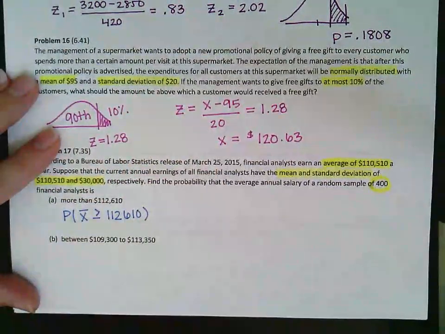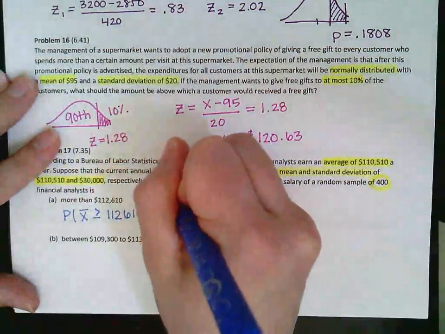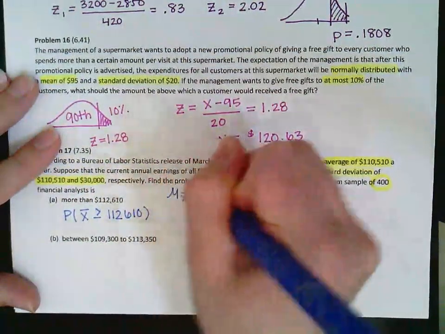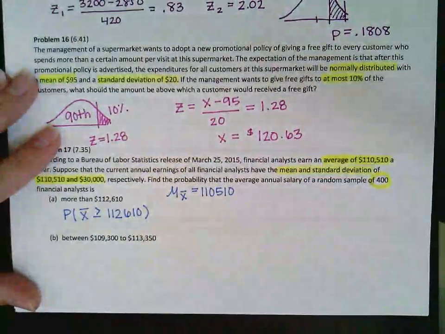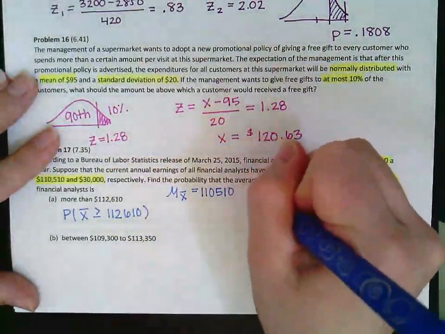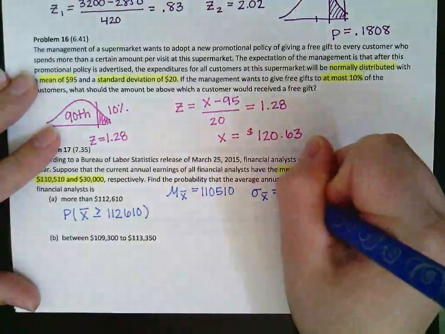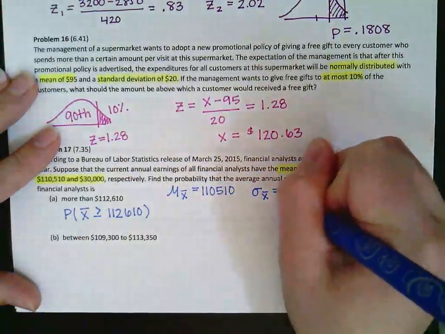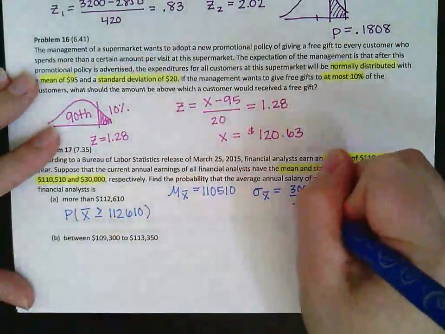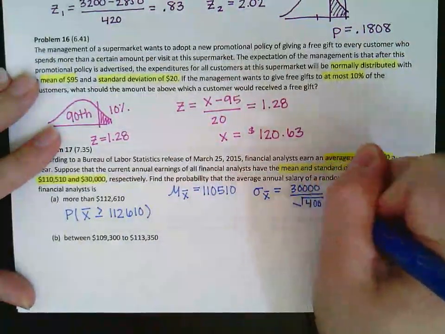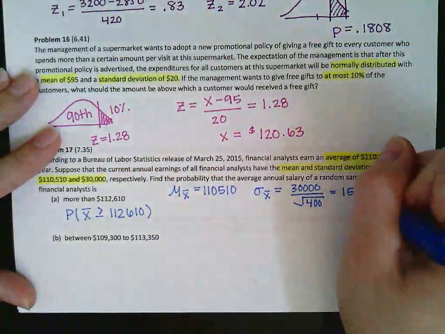this amount right here. So when we do that, I need to adjust for this sampling distribution. This is the mean for the sampling distribution, and for the standard deviation for the sampling distribution, remember we have to divide by the square root of n, which ends up being 1500.